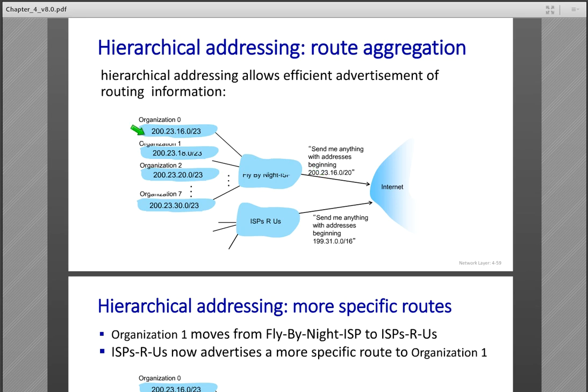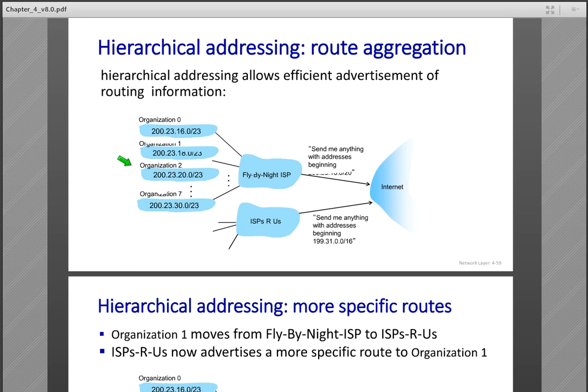For example, look at this. I have 8 different blocks. I'm aggregating them into one bigger block. So a router in the core just needs to learn about this big address. It doesn't need to know those 8 addresses. Instead of 8 addresses, it needs to know only one address.